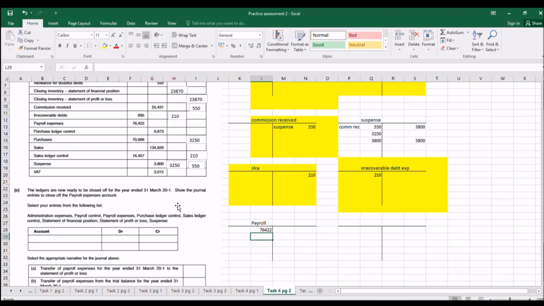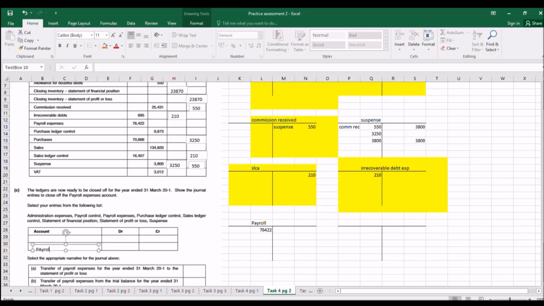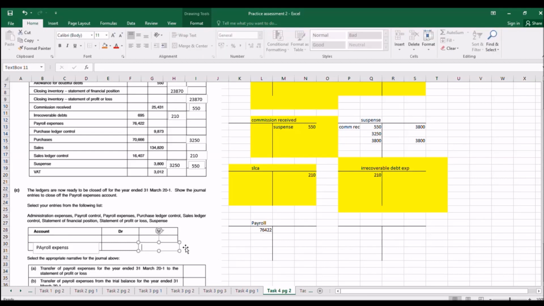So we're going to go credit the payroll account. Our options are payroll expenses. We're going to credit that with the amount, we'll credit that here, 76,422.